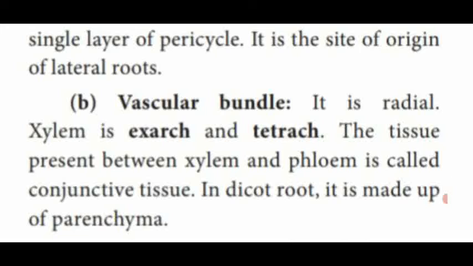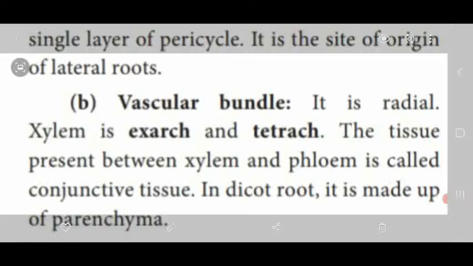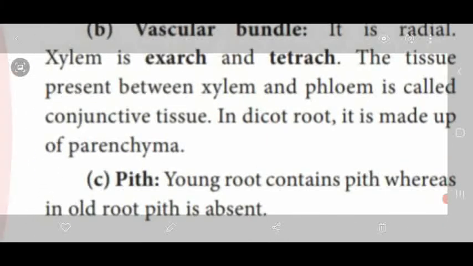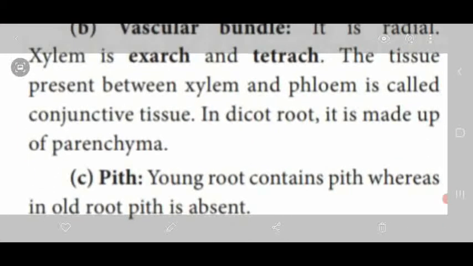So that condition is called exarch and tetrarch. Then there is the conjunctive tissue between the xylem and phloem. Phloem and xylem are separated by conjunctive tissue. In dicot root, this conjunctive tissue is made up of parenchyma cells.